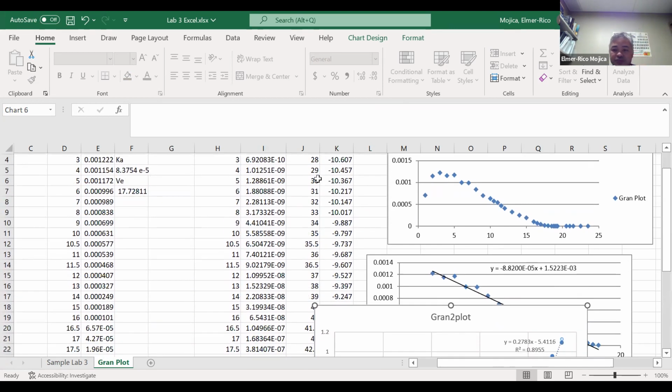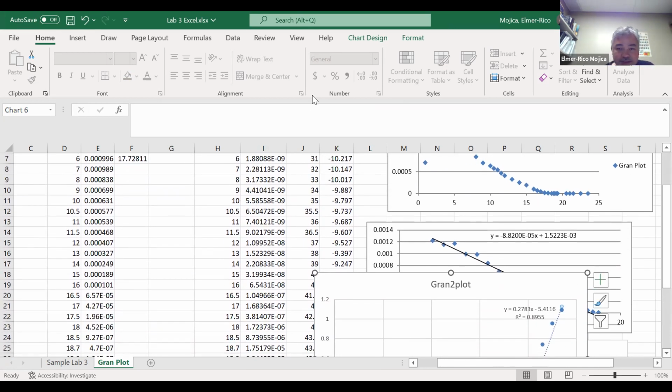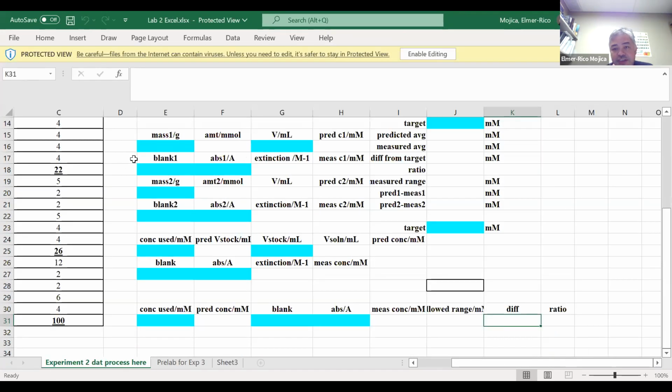So that's experiment 3. Now, on the other hand, for experiment 2, I already put everything here. This is part 1, this is part 2, and this is part 3. You have the concentration used here.